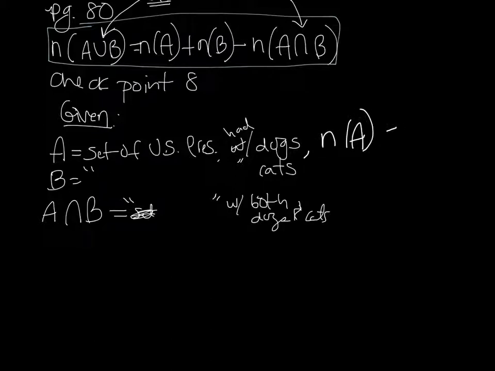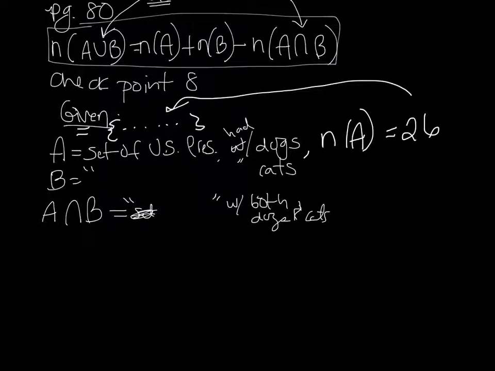What's the cardinality of A? Well, according to how many had dogs, it was 26, right? A is not 26. N of A is 26. Because A could be, you know, 1 president, 2, 3, all the way to 26 presidents. And you're telling me the cardinality of that set.